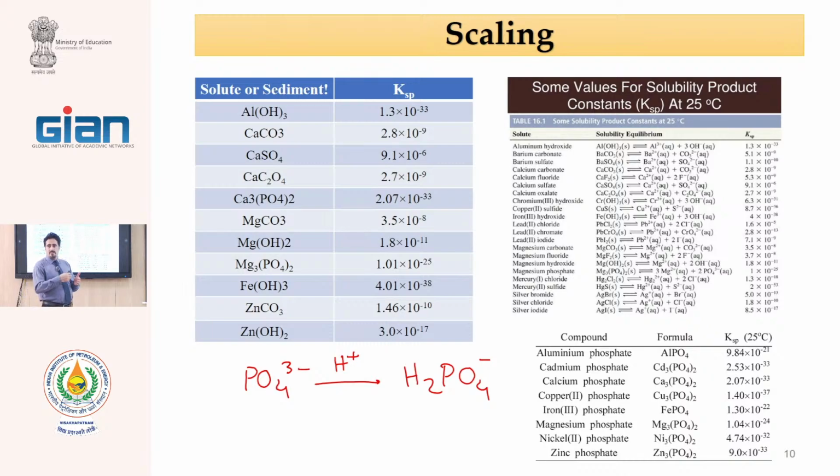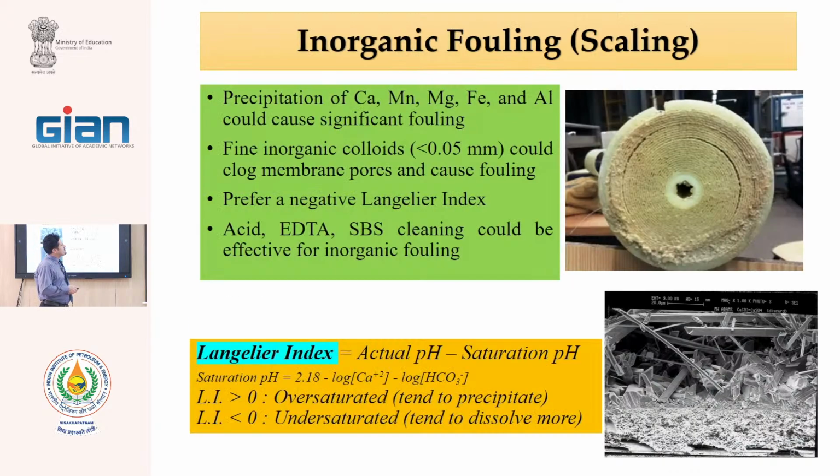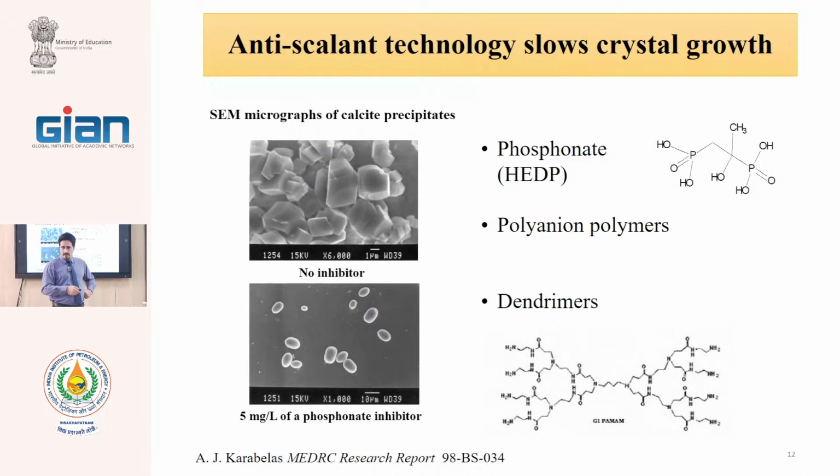Therefore, there is a competition between the ligands for calcium, which prefers to react with phosphonate rather than with carbonate or sulfate. And the phosphonate calcium complex is soluble, not insoluble. If calcium reacts with carbonate, it will precipitate. If it reacts with phosphonate, it doesn't precipitate. Therefore, one mechanism is the change of Ksp, which leads to a soluble complex.